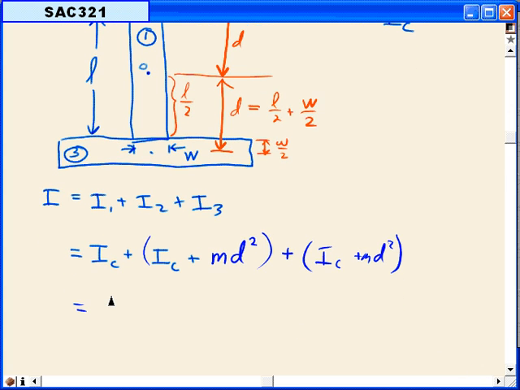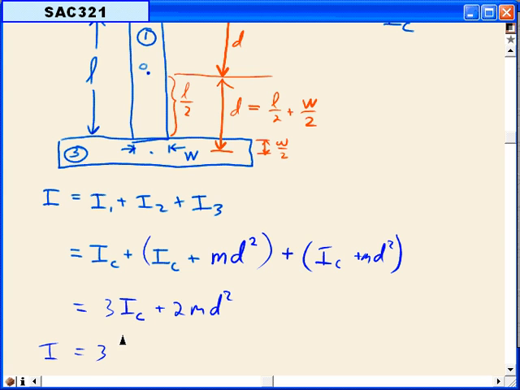So this all adds up to 3 times the moment of inertia of any one of them with respect to its center of mass, and we do have an expression for that up there, plus 2m d squared.